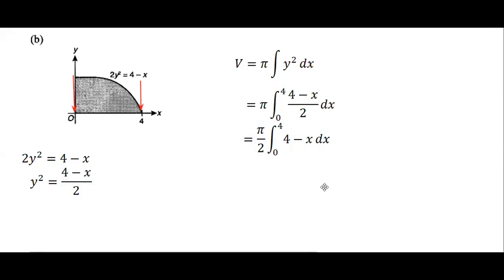Kenapa 4? Because here 4 minus x. I move the 2 out. Saya tak bahagi 4 bahagi 2. I don't divide the 4 to 2. I maintain the 4. Okay? Itu 2 saya pindah ke depan sudah. Only number, general number you can bring in front. Okay, ini 4 tak boleh letak depan punya. Okay, 4 become 4x, correct.